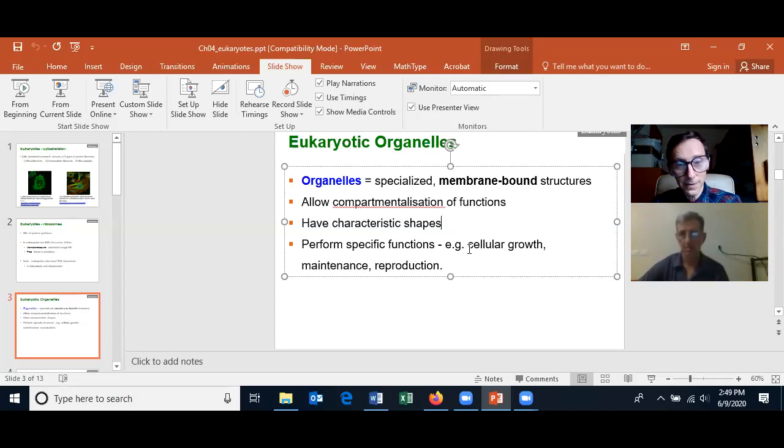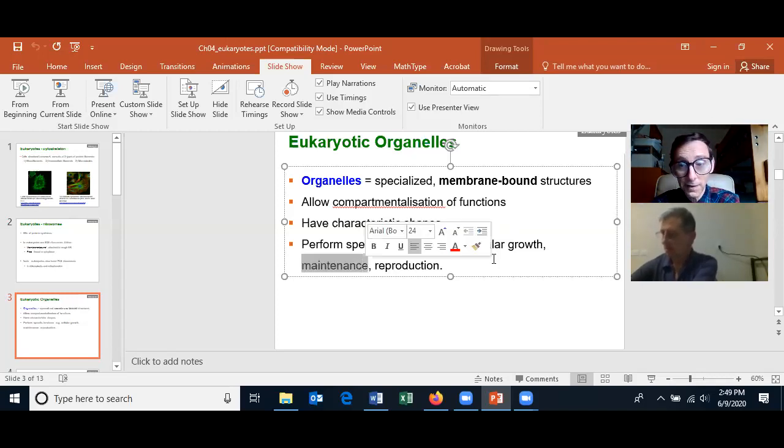And I suppose you can say the endoplasmic reticulum is important to cellular growth because it's making proteins and lipids for the cell. But most of the organelles, their function is maintaining the well-being of the cell.